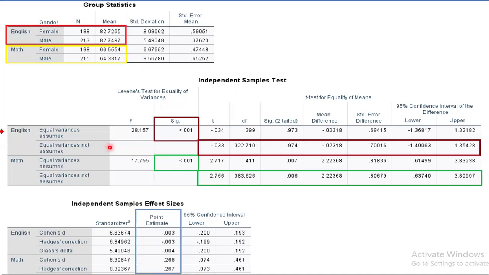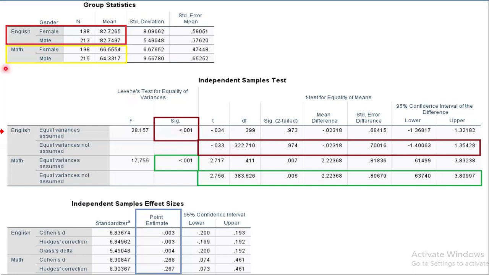So we can conclude that the difference between male and female for the subject of English is not significant. So here we fail to reject the H naught.